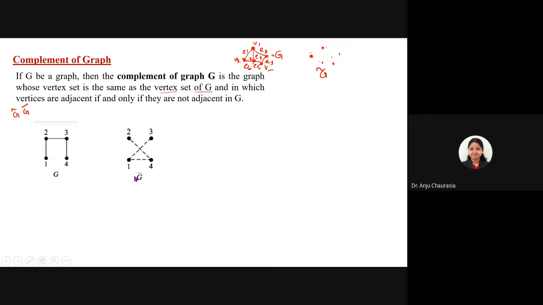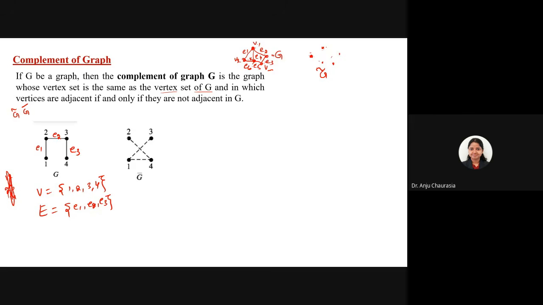So here, students, vertex sets are the same. Here V has 1, 2, 3, 4. This is the name of the vertices. And the edge set is what? Suppose this is E1, this is E2. You can write the edge names 1-2, 2-3, 1-4, like that. So the edge set is E1, E2 and E3.